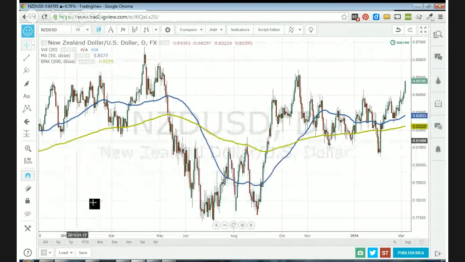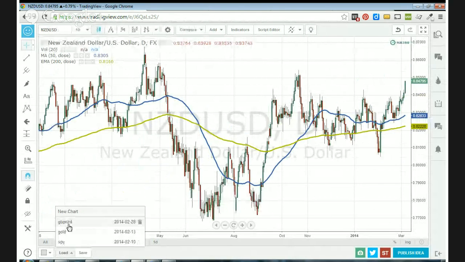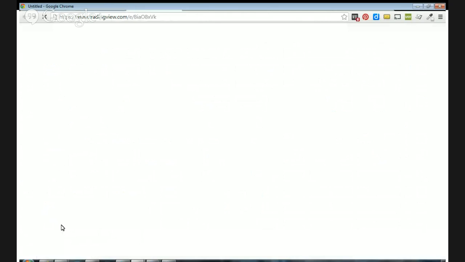Okay, and let's load. So huge day up in pound Kiwi, big decline in Kiwi, the New Zealand dollar. If we can get these charts to work properly, I apologize for that.